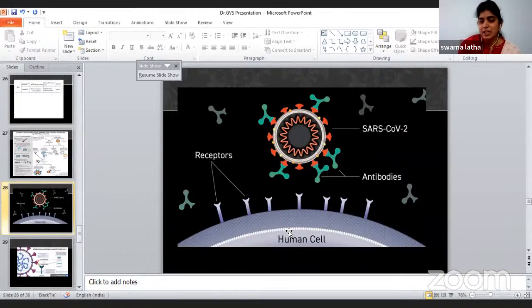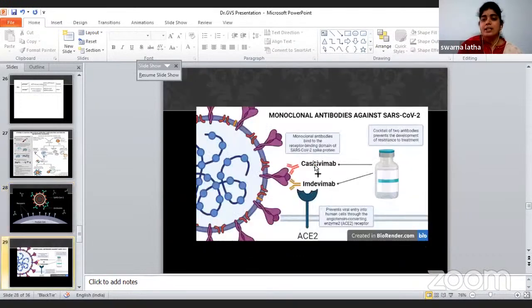That's why we can reduce the spreading of the virus into all cells of our body. Okay, so the spreading is arrested because of the monoclonal antibodies binding to the spike.